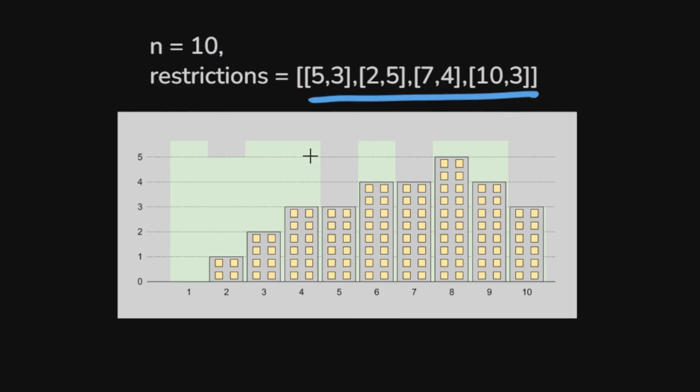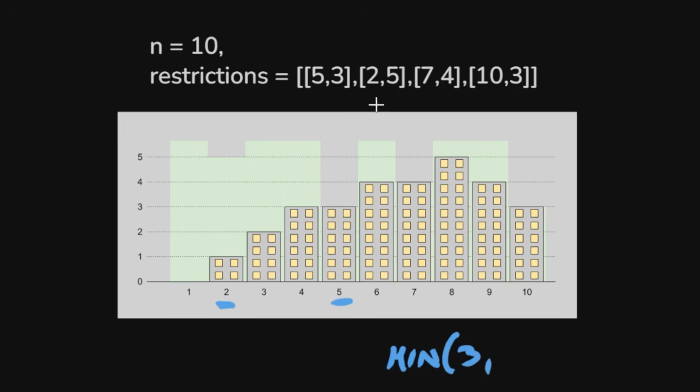Here we only have 4, so let's say that we are looking at this pair. The IDs are 2 and 5. What's the maximum height that we can use for this building? How do we get the number? Well, we can take the minimum between the height according to the restriction for this ID, which is right here, it's 3, and the distance in between this restriction and the previous restriction plus the height of the building corresponding to the previous restriction.